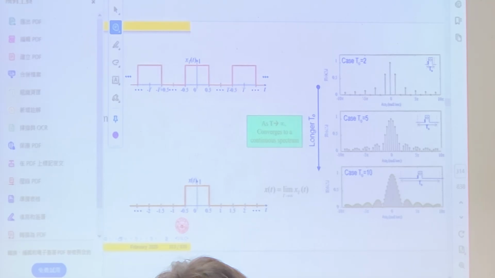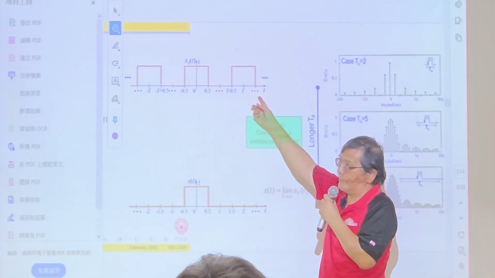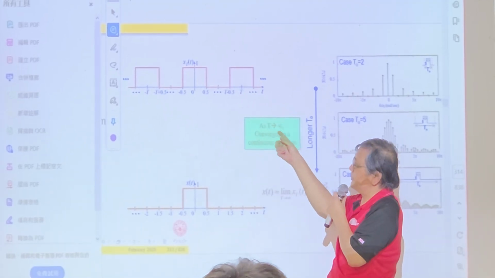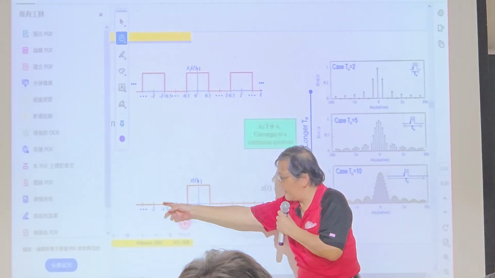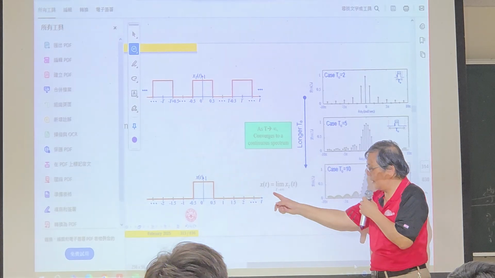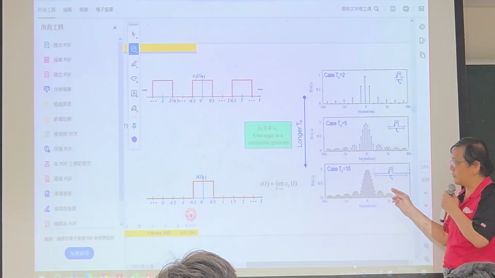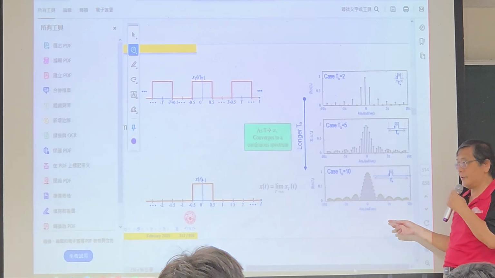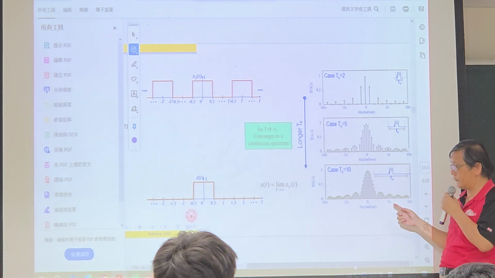So that's the basic idea. We start from the Fourier series expansion with finite period, and then we let the period become bigger and bigger. Then eventually this function actually is not periodic anymore. In the limit as T approaches infinity, the corresponding Fourier series expansion now becomes the Fourier transform.